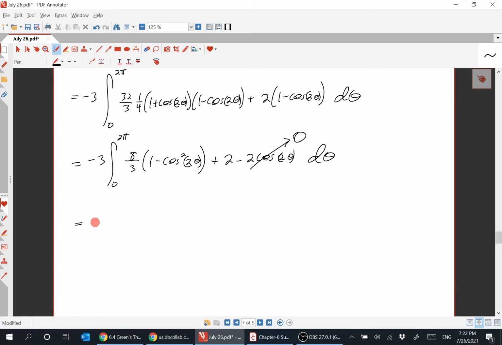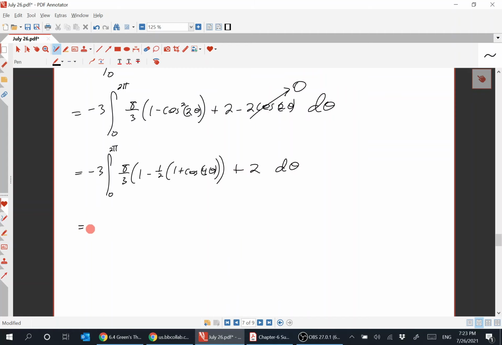So this one, applying that double angle formula again. So 1 minus 1/2, 1 plus cosine 4 theta, close, plus 2. So let's clean this up. I have 8/3 minus 4.